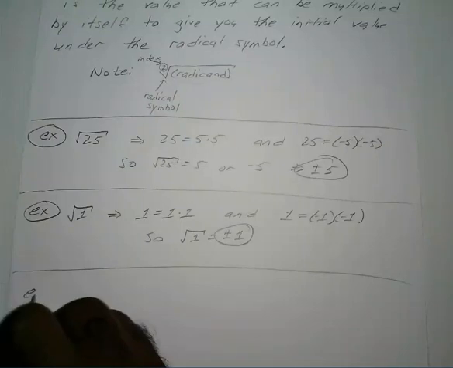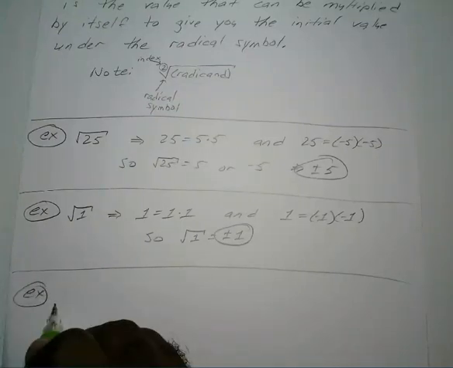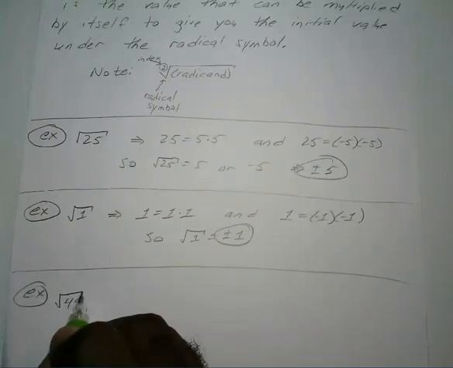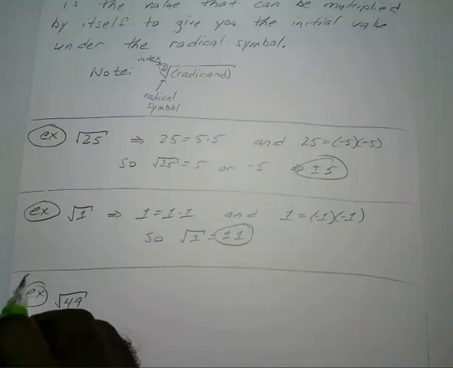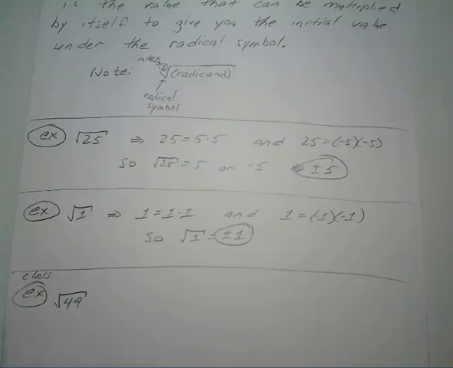Alright, so let's say we have the square root of 49. I want you to go ahead and take a few seconds to do this one.